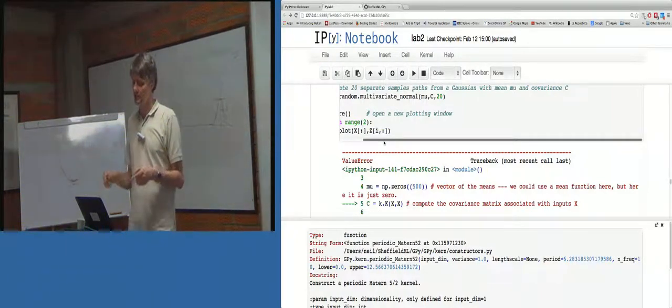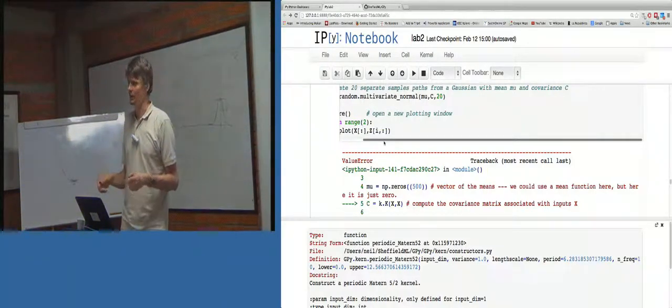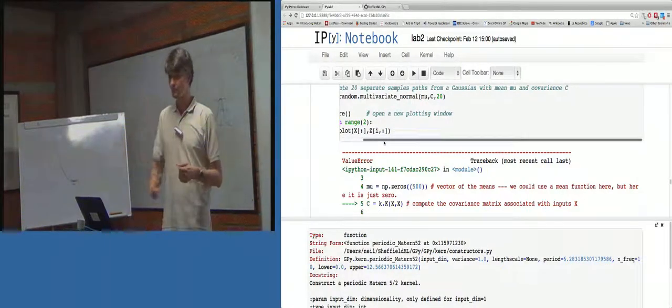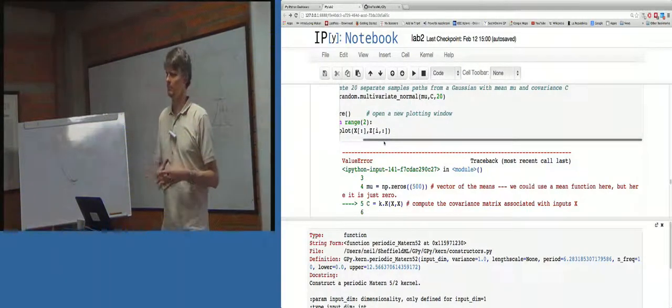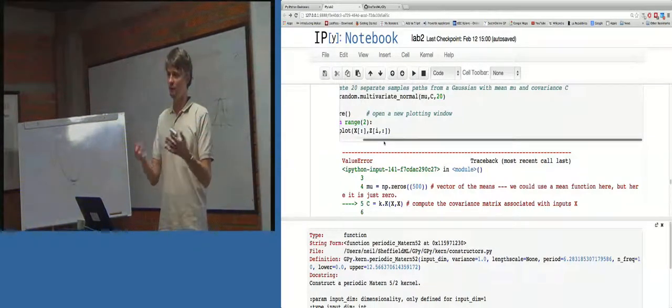And then we've got an example in the lab class where we're going to look at the Olympic sprint data from 1896 to 2012 for all sprint events, 100 meters, 200 meters, 400 meters, men and women. And we'll make a joint prediction over all these things.